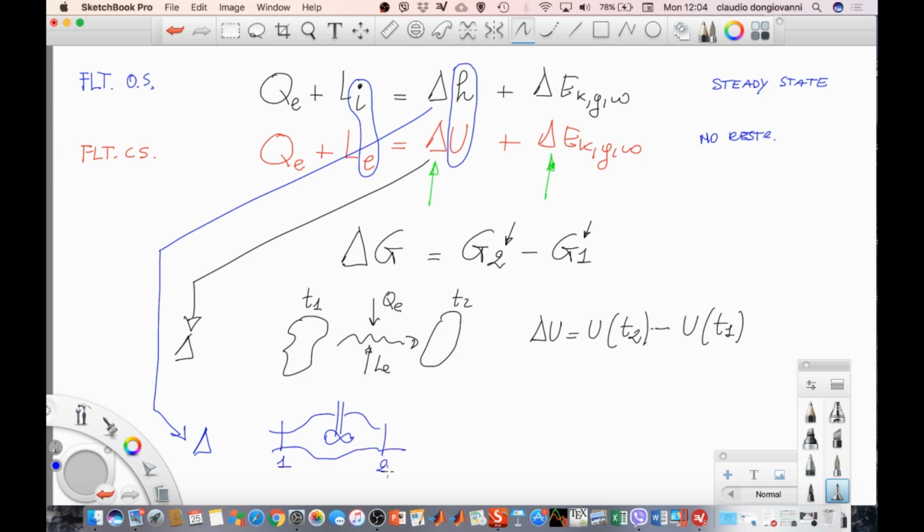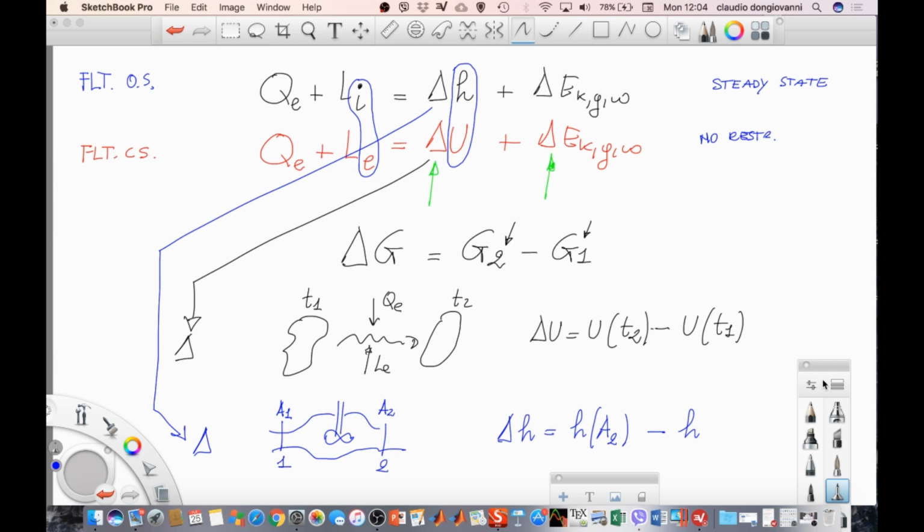Delta H is the enthalpy that we have at the cross section 2 at the output minus H that we have at the door 1.